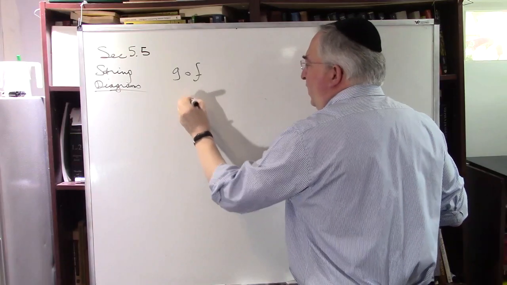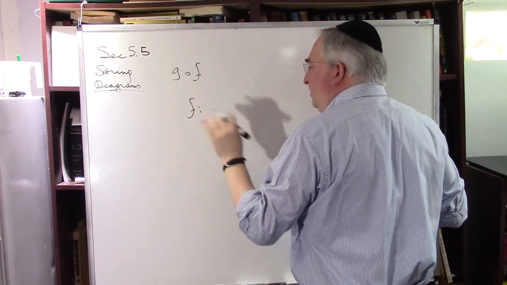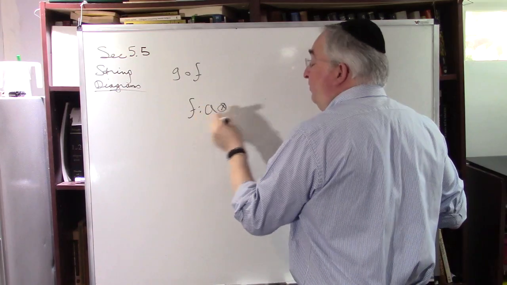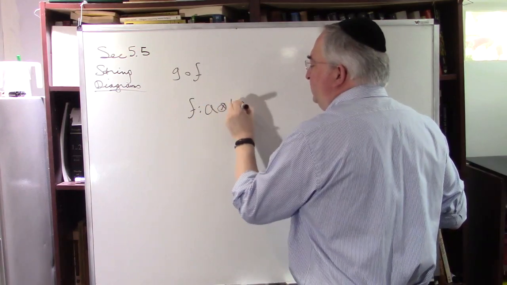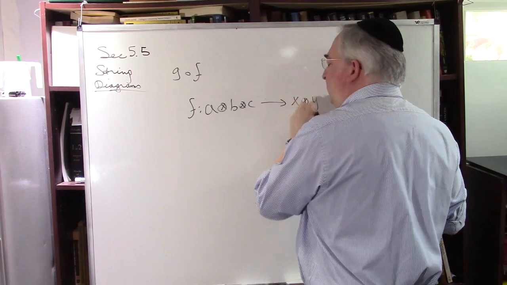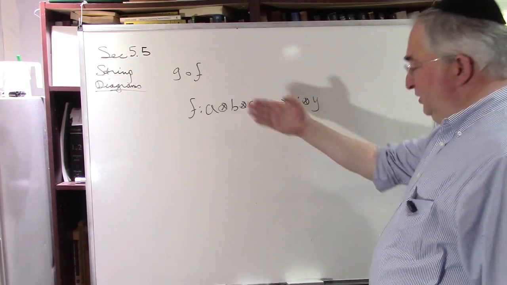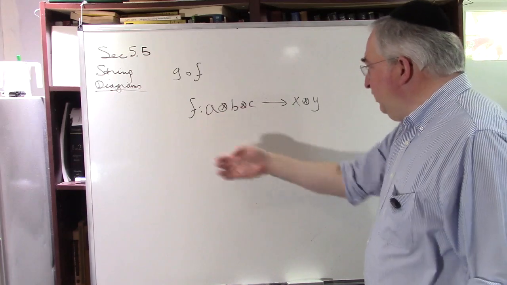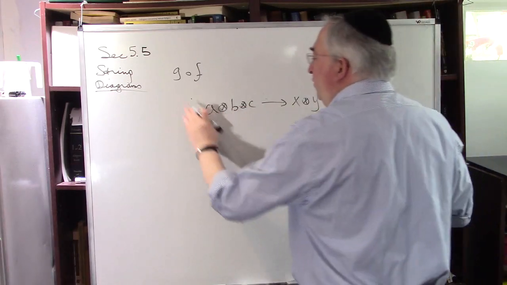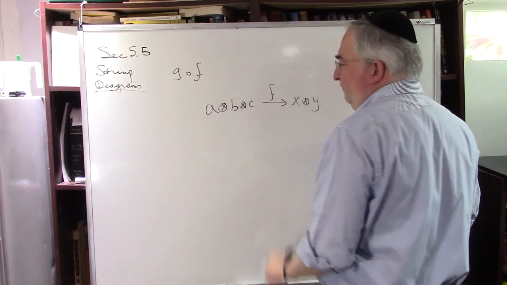That's very good. Okay, let's say you have a function, instead of from A to B, it's A tensor B tensor C, and it goes to X tensor Y. This is an object in a category, this is an object in a category, this is a morphism from one object to the other. We might write it like this. Very nice.